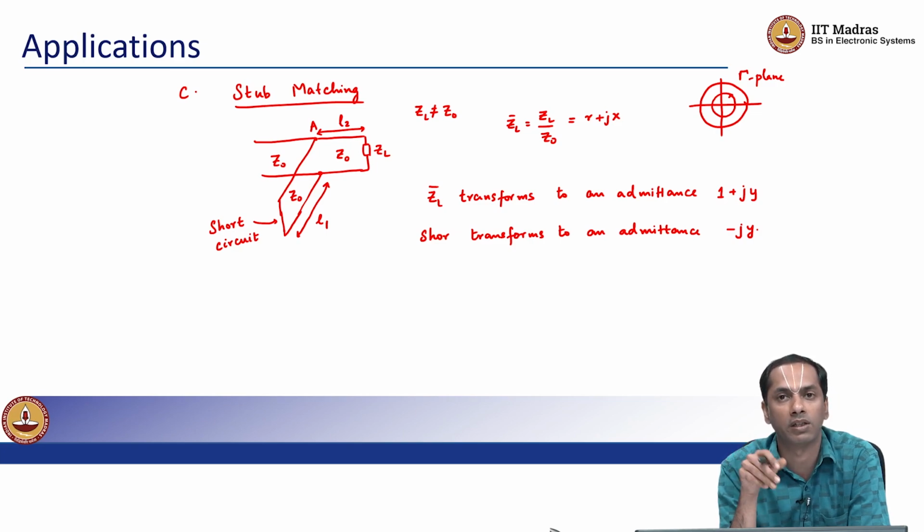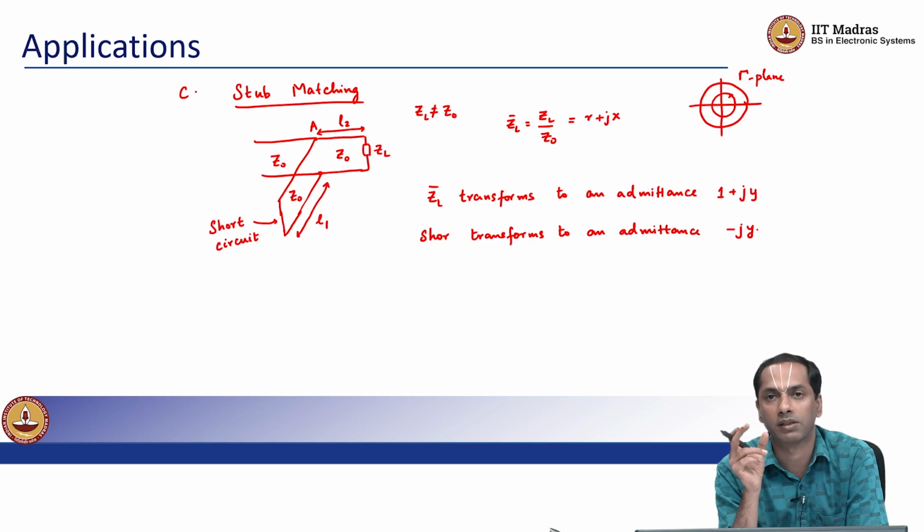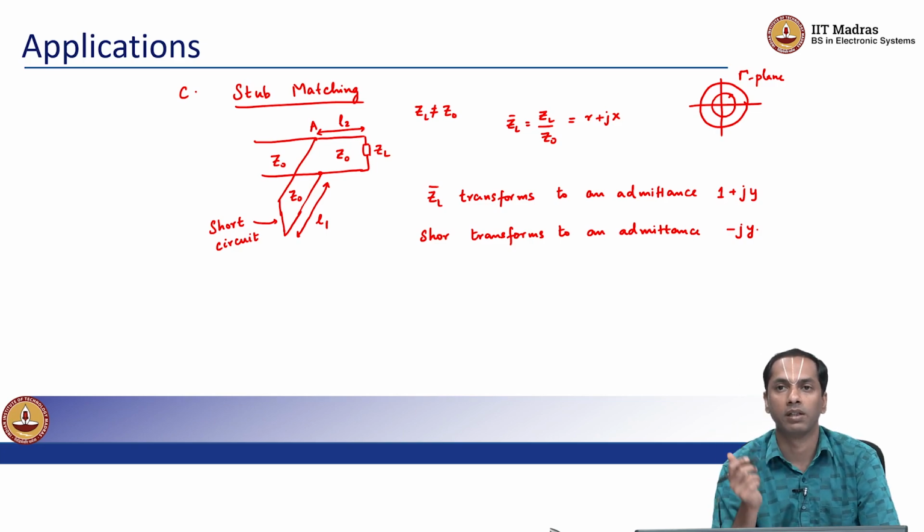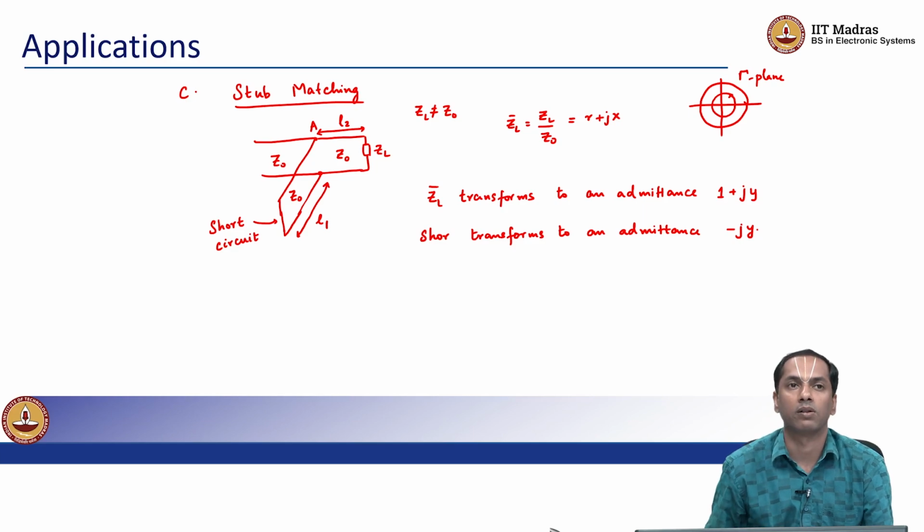Here the only advantage over the quarter wave transformer is that I am only dealing with transmission lines of the same characteristic impedance. I am just tailoring the lengths of these. All right, so I leave our discussions on transmission lines at this point, and I feel that we have given sufficient emphasis on understanding high frequency, both analog and digital circuits, in the perspective of the idea that fields cannot propagate at any speed they want.